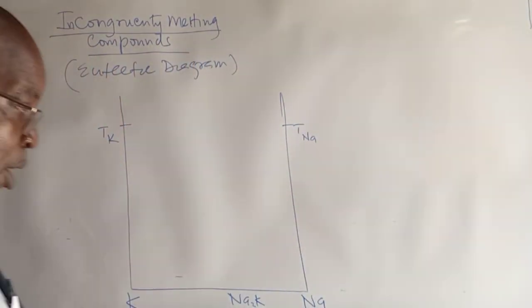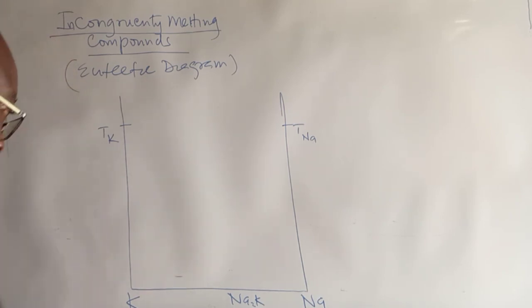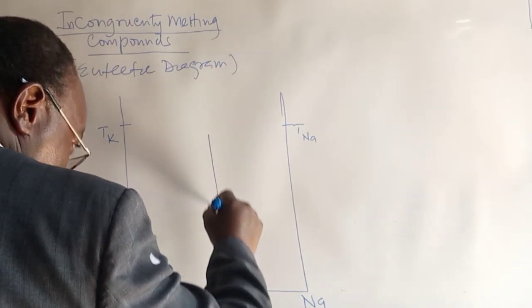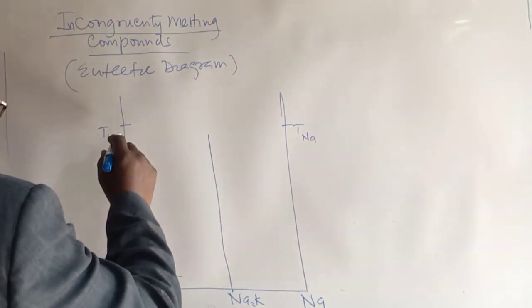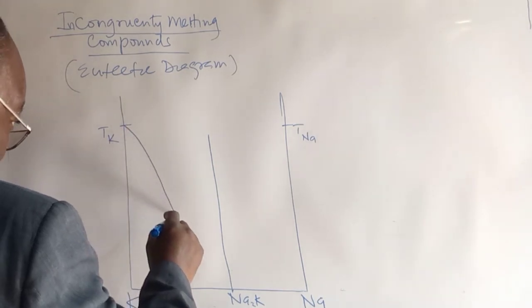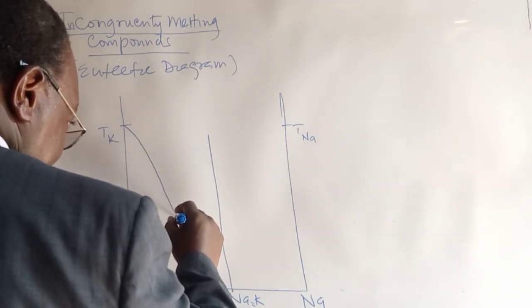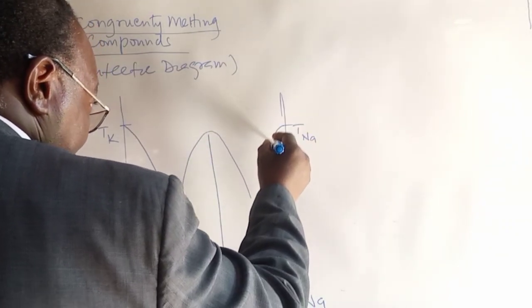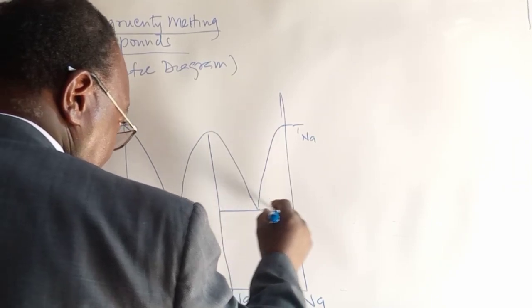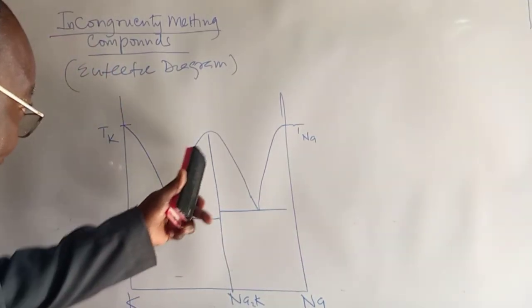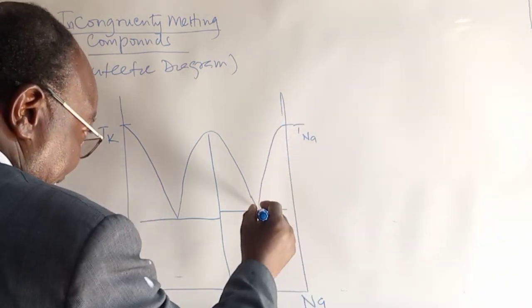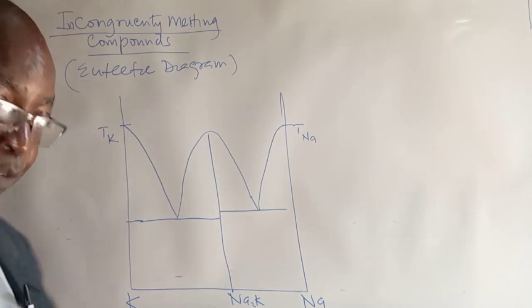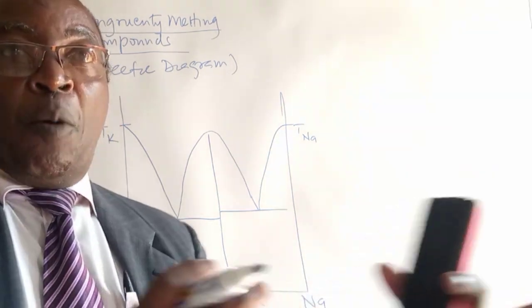Now, when you do the freezing curves, you would have probably expected, theoretically, just like for the simple compound, that you will have that kind of a format, where this one intersects at that particular point so that you have a eutectic mixture, and this other one also at that particular point, like we have seen in eutectic diagrams for compounds in the other lecture.